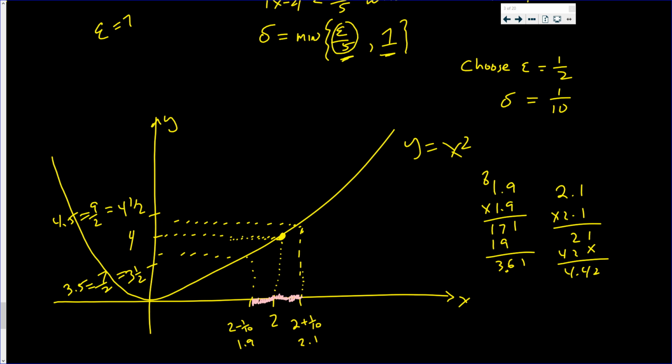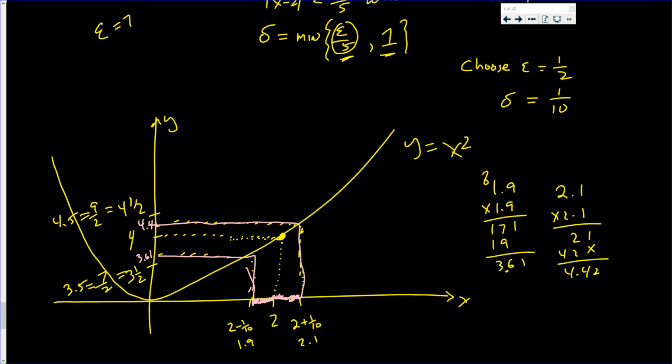Okay, I'm saying that f of this stuff lands in between, not 3.5 and 4.5. It lands in between 3.61 and 4.41. Okay, so that's even better.